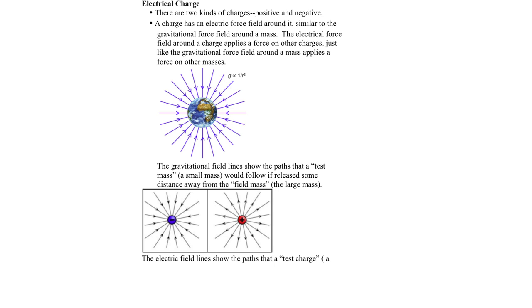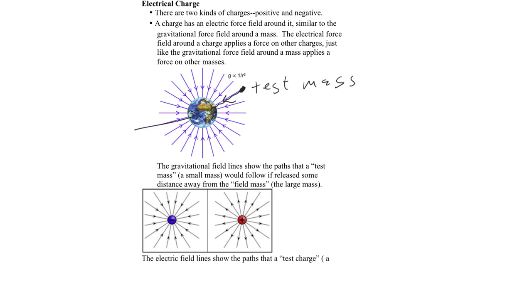For example, if I put a rock off the earth, it will travel along these lines. These are called gravitational field lines. It will fall towards the earth because the gravitational field of the earth acts on this test mass, a rock.